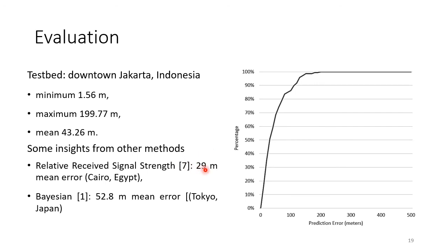So to give some insight, here are results for other existing methods in their respective testbeds. That is, relative received signal strength giving 29 meters mean error, conducted in Cairo, Egypt, and Bayesian giving 52.8 meters of mean error in Tokyo, Japan. And this is the CDF of our test result.